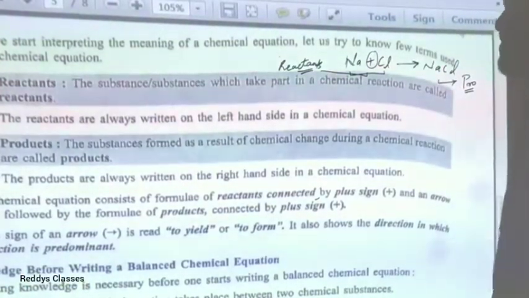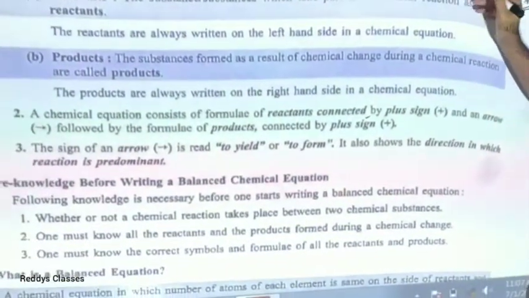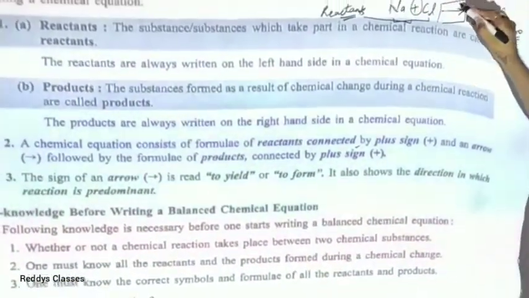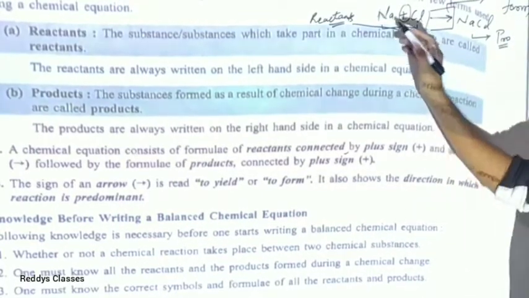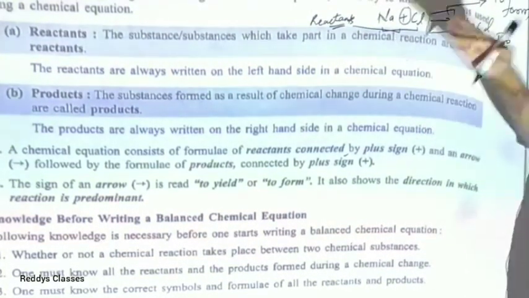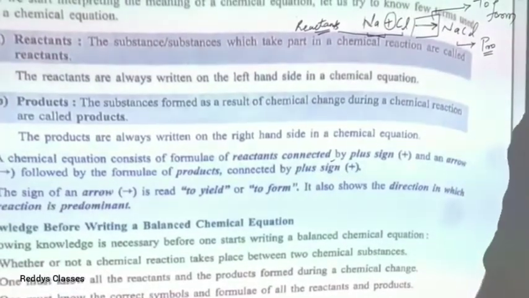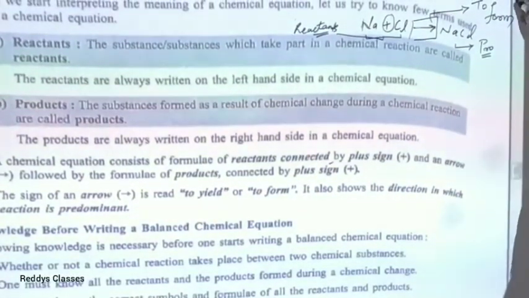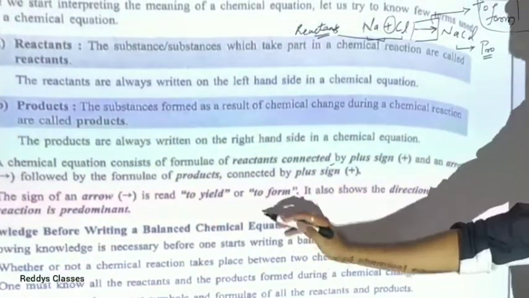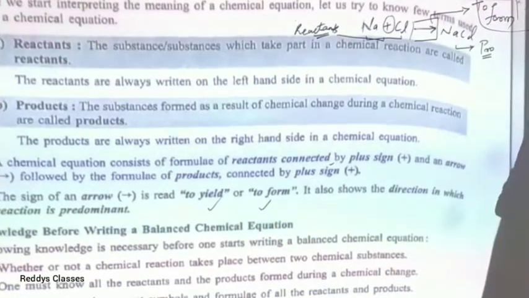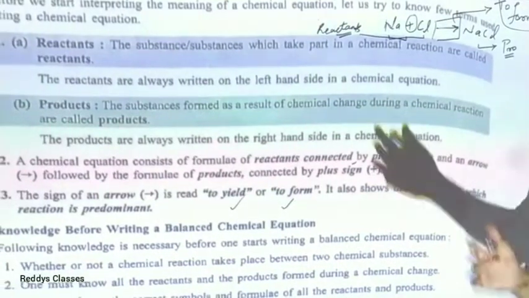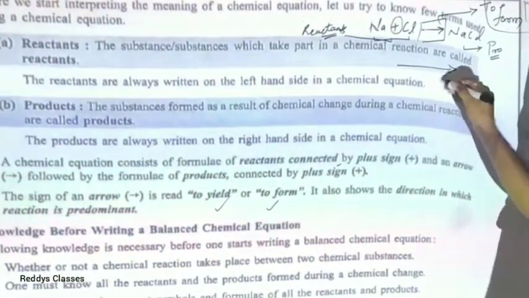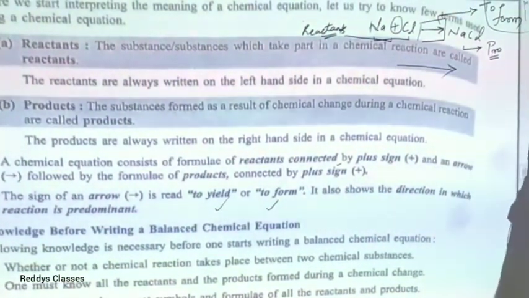It means the reactants combine to form the product. So this arrow indicates to form or to yield. It is also the direction in which the reaction is predominant.